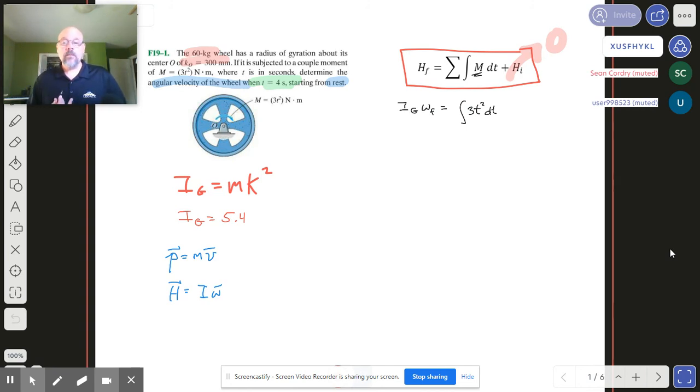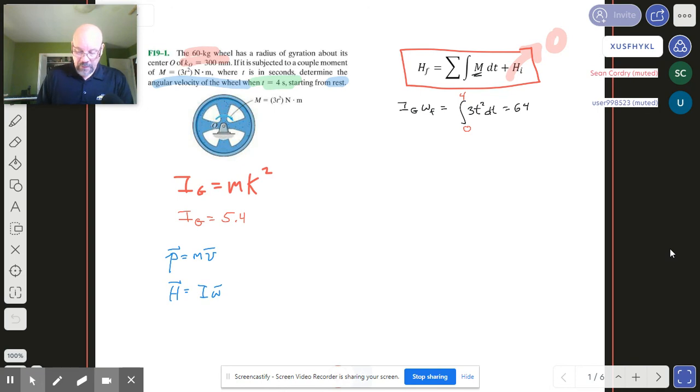Now, a super simple integral. You could do it by hand, or you could pop it into your calculator real quick. Whenever you do that, what you're going to get out of it is 64. The limits on that integral go from a start time to the stop time, which in our case is 0 to 4.